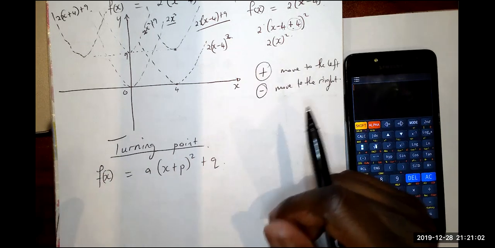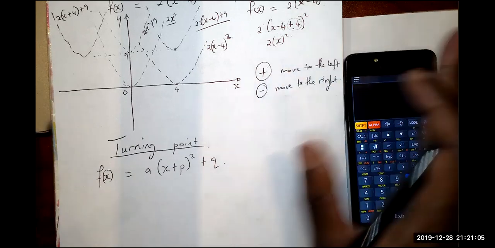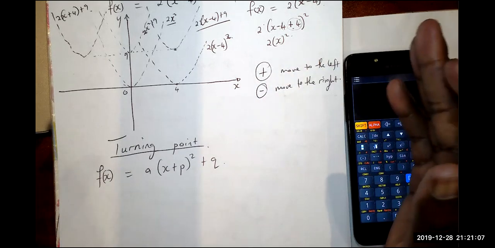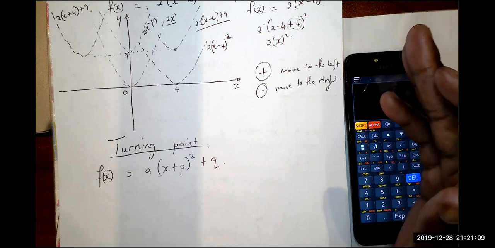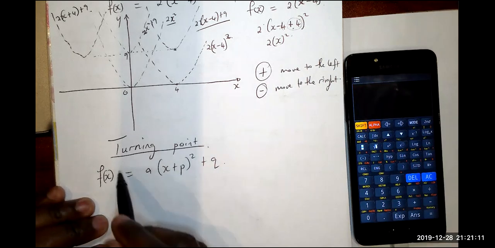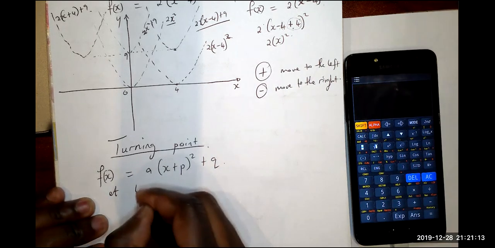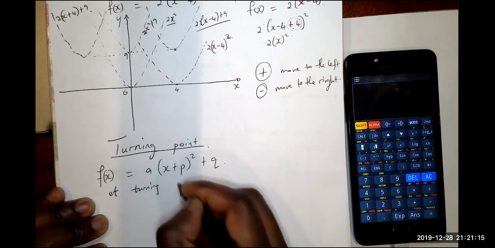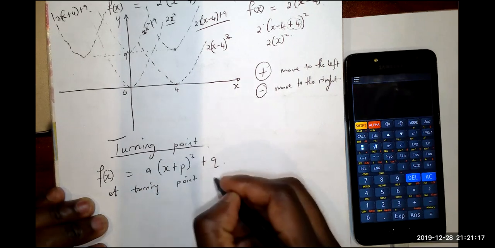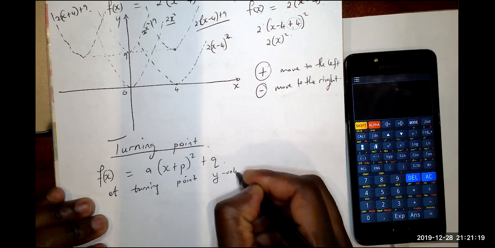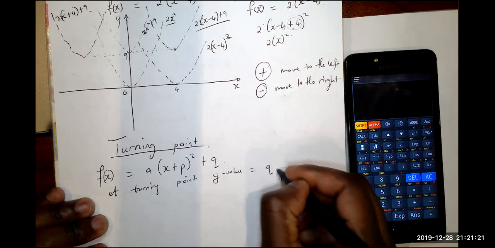So Q already is there, and you know that at the turning point the y value is equal to Q.